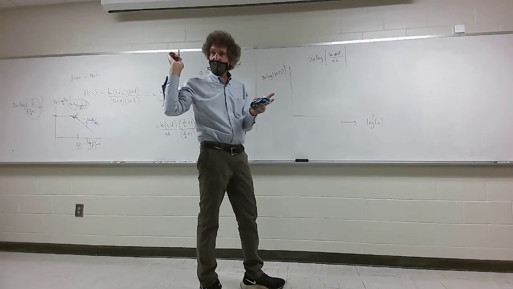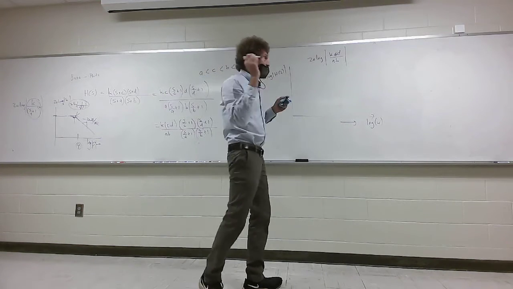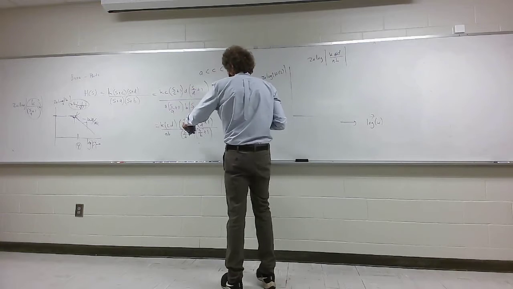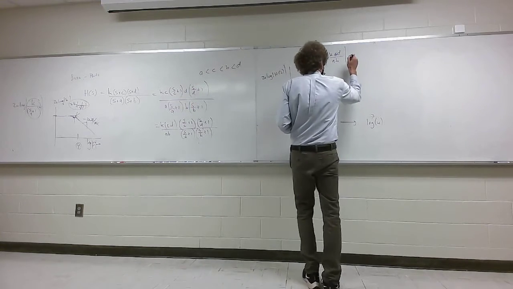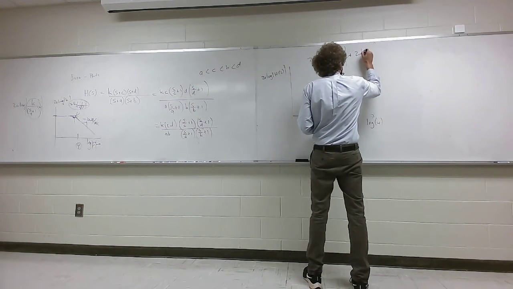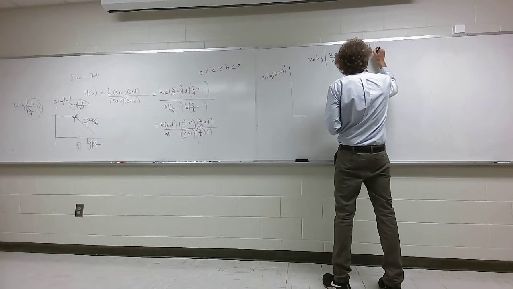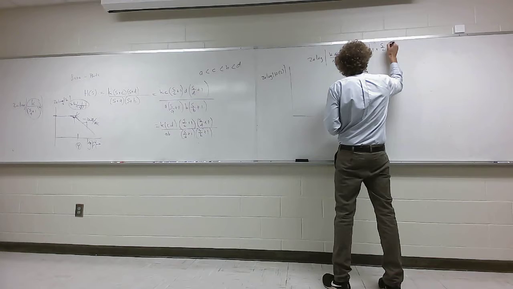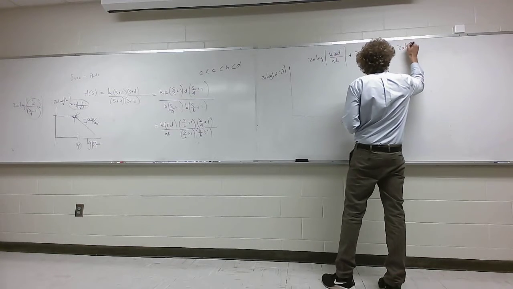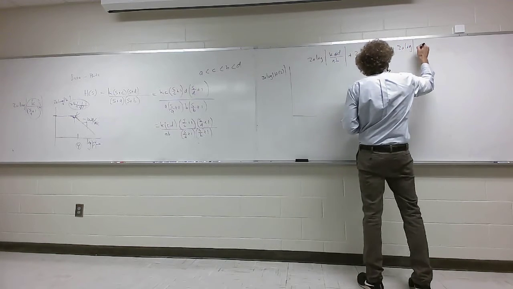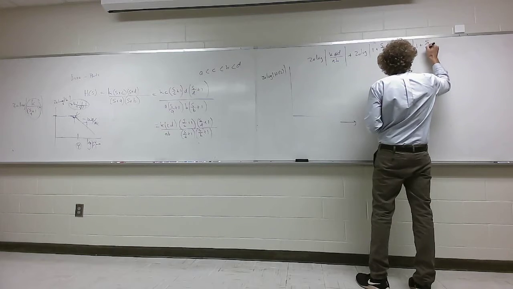Guys, you with me? Everybody? Now, what am I going to do? The top part here is additive. Plus 20 times the log here of magnitude 1 plus S over C plus 20 times the log base 10 of 1 plus S over D.